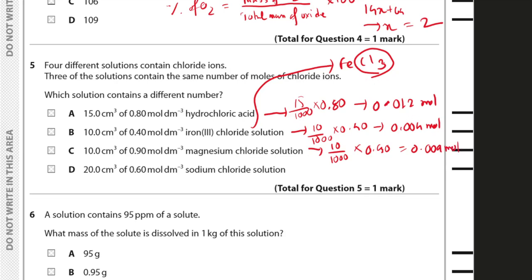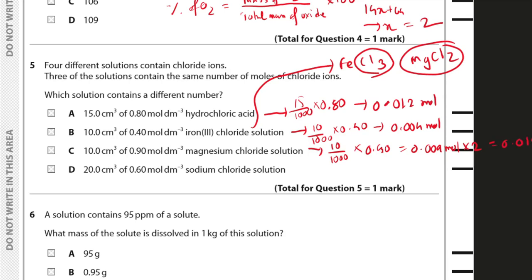Now again, you can clearly see here that since magnesium chloride is MgCl2, that means per molecule it consists of 2 chloride ions. So if we multiply by 2 here, we'll be getting 0.018 mole.